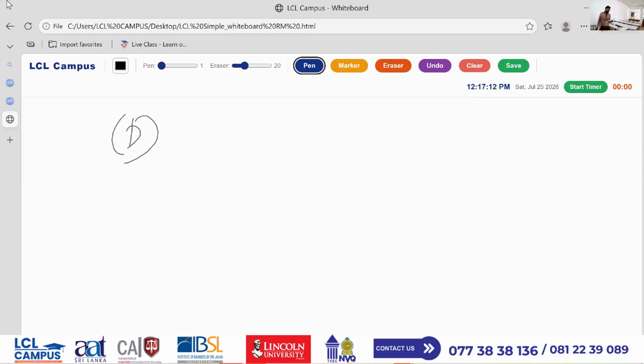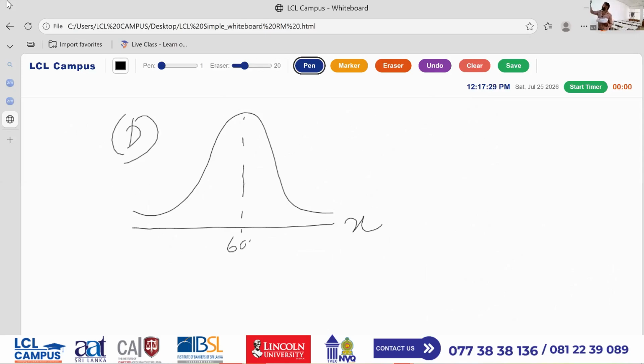Last. The weekly wages of 10,000 workers in a company are normally distributed. Probability distributions. X is the weekly wages, with a mean payment of 6,000 and a standard deviation of 500.